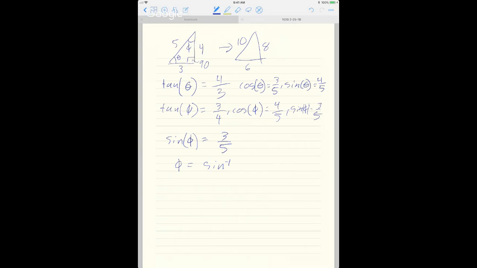of 3/5. And the sine inverse of 3/5 is going to get me an angle of 36.87 degrees. So I used sine for one of them. I guess I'll use cosine for one of them. So cosine of theta is also 3/5, interestingly enough.